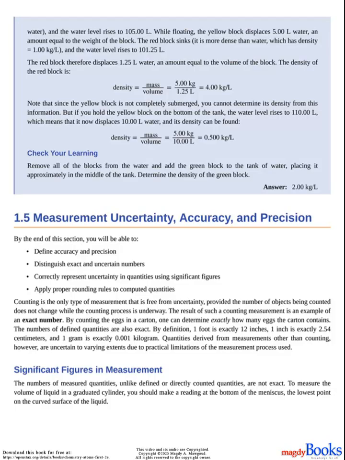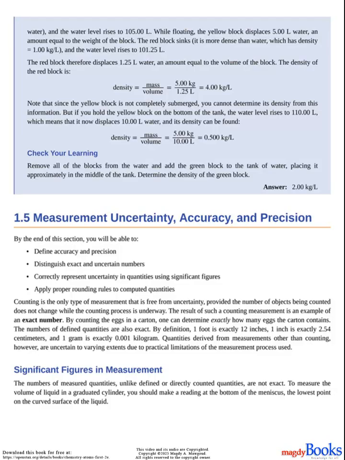But if you hold the yellow block on the bottom of the tank, the water level rises to 110.00 liter, which means that it now displaces 10.00 liter water, and its density can be found. Density equals mass divided by volume equals 5.00 kg divided by 10.00 liter equals 0.500 kg per liter.